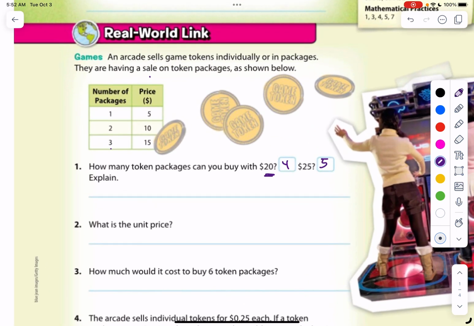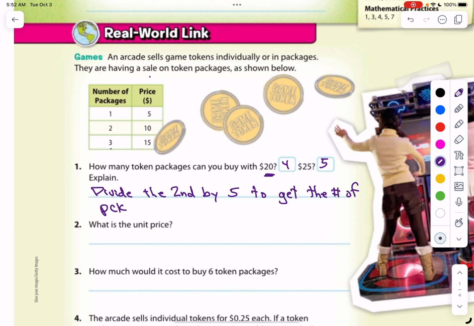We could say that you divide the second column by 5 to get the number of packages. Right, the actual abbreviation is this, packages.